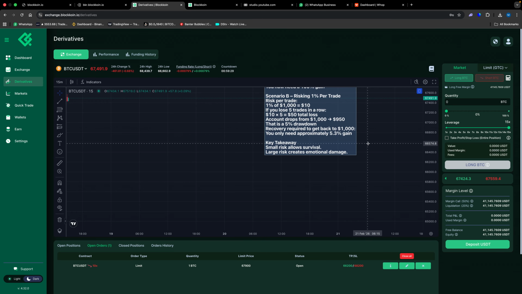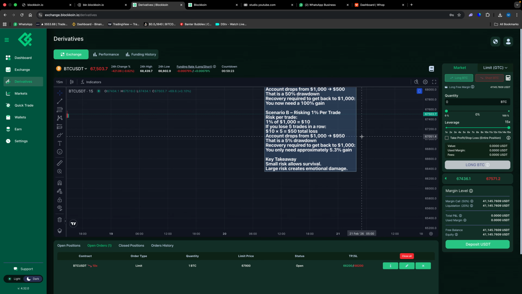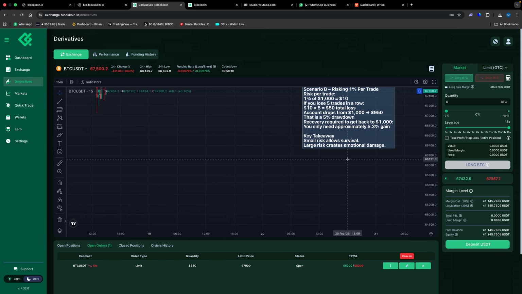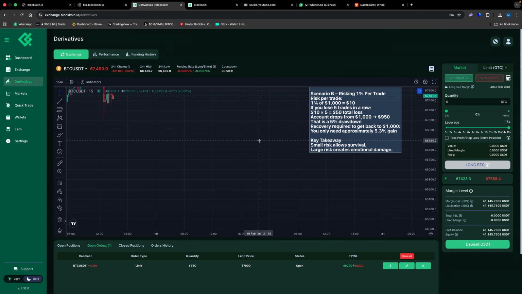The recovery required to get back to $1,000 for client B is only a 5.3% gain, whereas client A needs to make a 100% gain. So the key takeaway for step 2 is: small risk allows survival, large risk creates emotional damage.